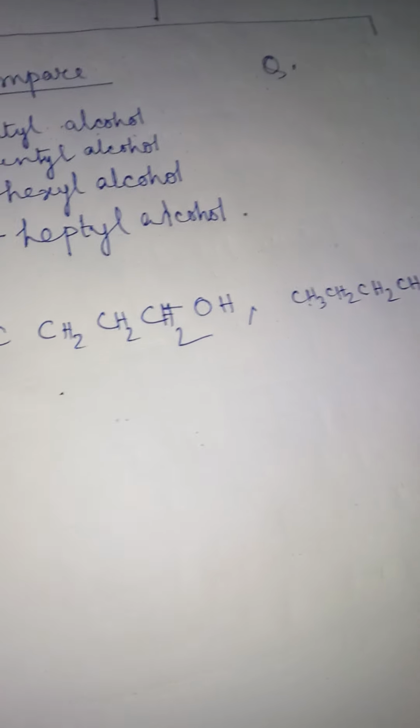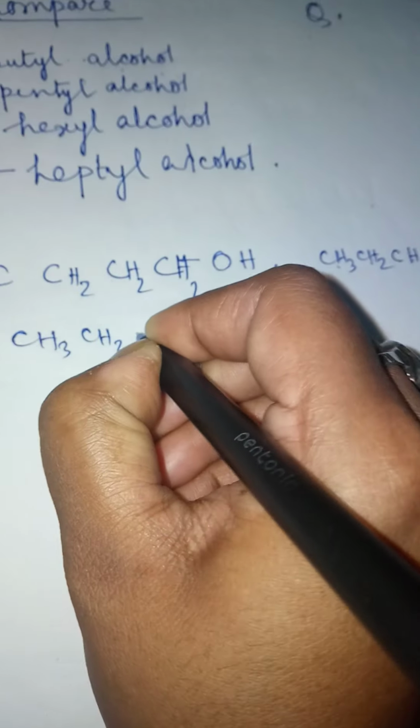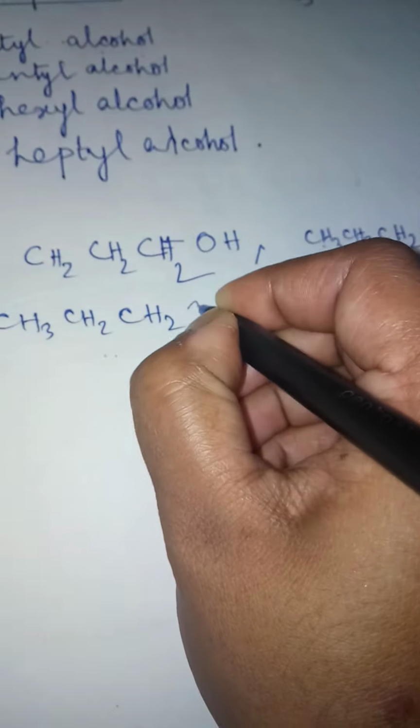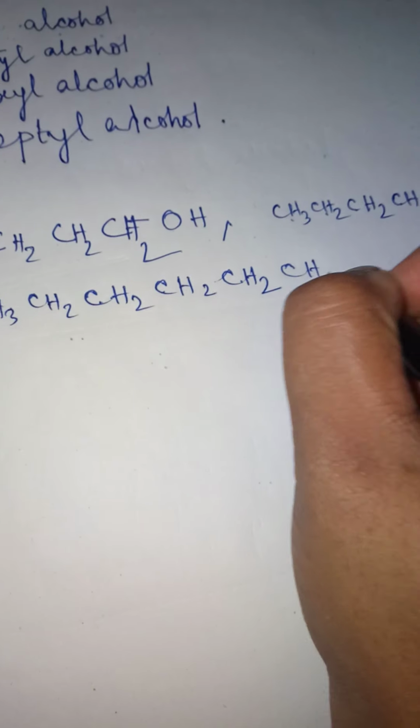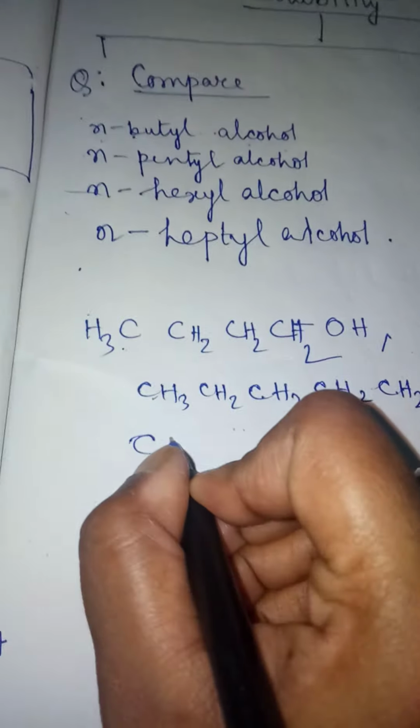Then what will be the n-hexyl alcohol? One, two, three, four, 5, and one more. And what is heptyl alcohol?